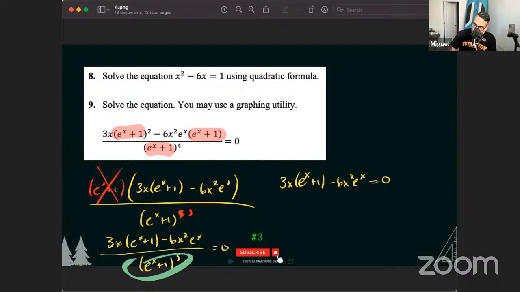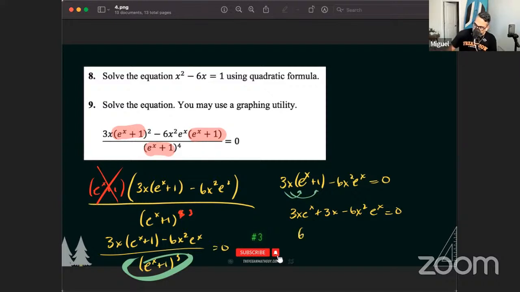Before I do anything, I'm just going to distribute the 3x to the parentheses so that we get 3x e to the x plus 3x minus 6x squared e to the x is equal to 0. And honestly, it doesn't look like we can do much here.